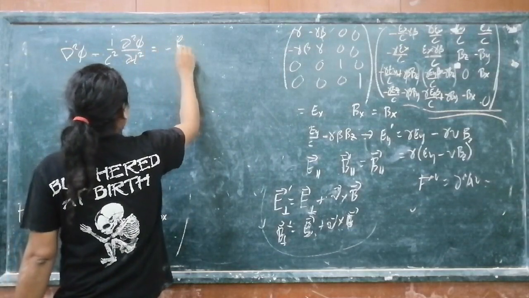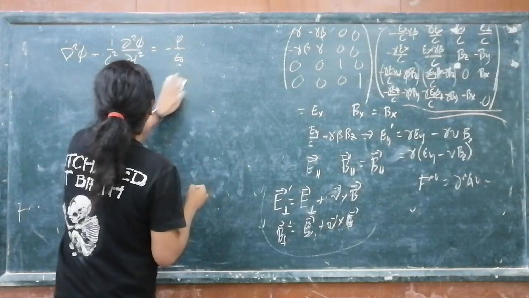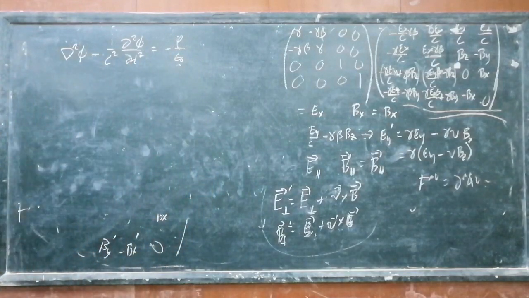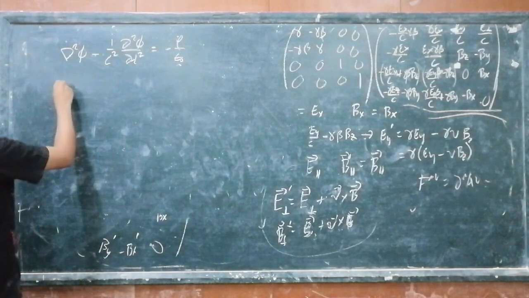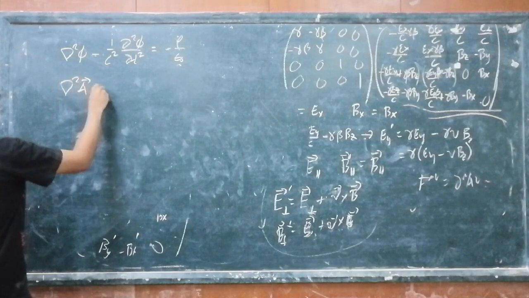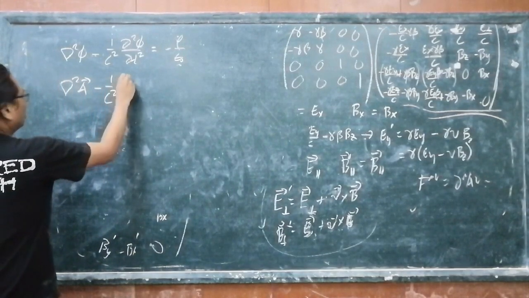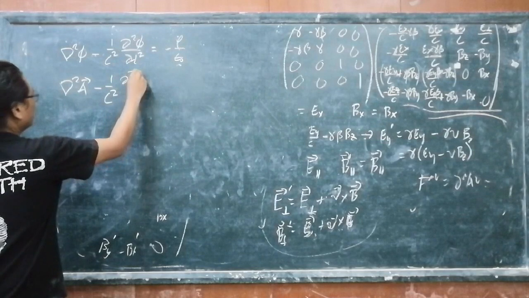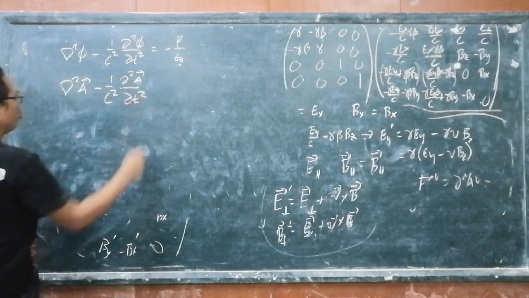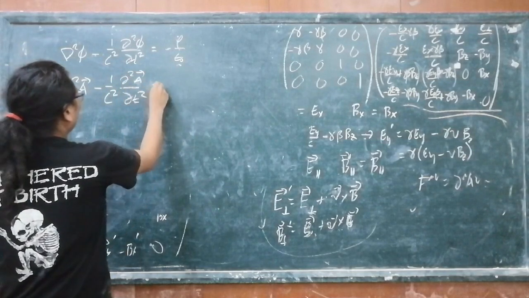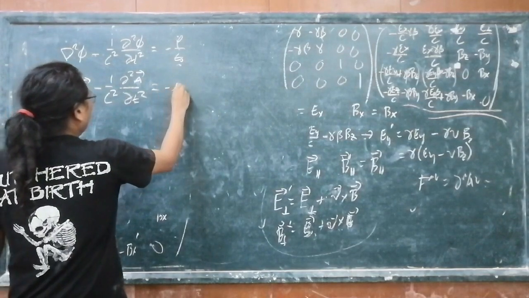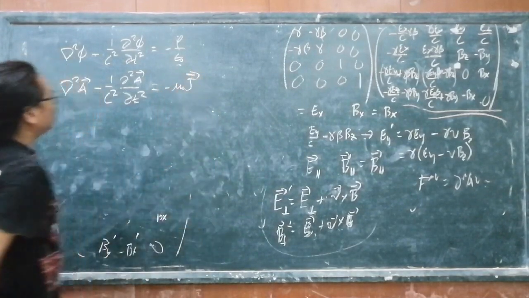Minus rho over epsilon naught. And del squared A minus 1 over c squared, partial squared A over partial t squared equals minus mu naught J.